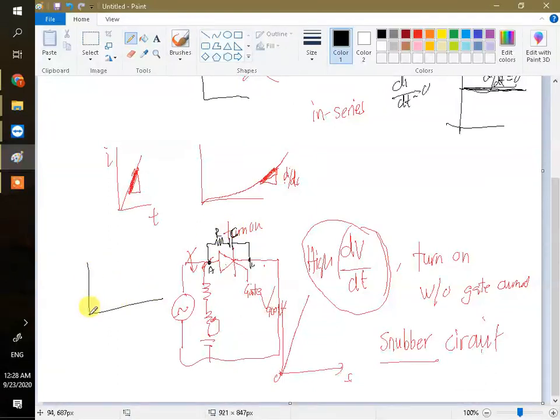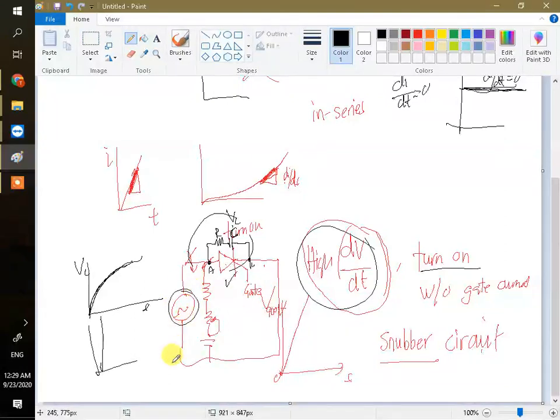So you charge up slowly. Otherwise, the voltage will go up so fast. You charge up the capacitor voltage, the VC, slowly, and this can prevent the transistor from turning on due to the high voltage.